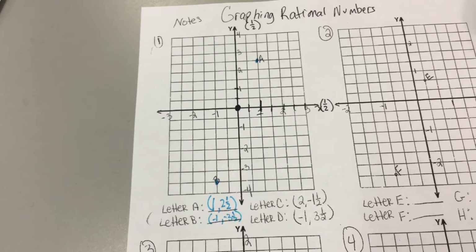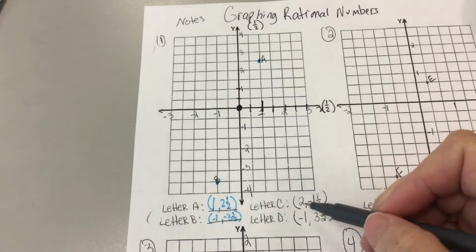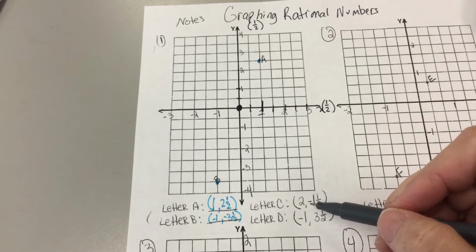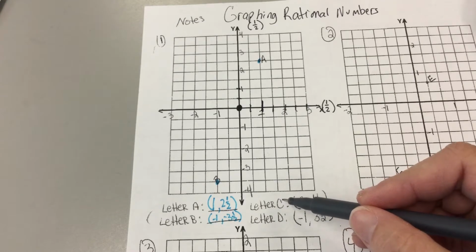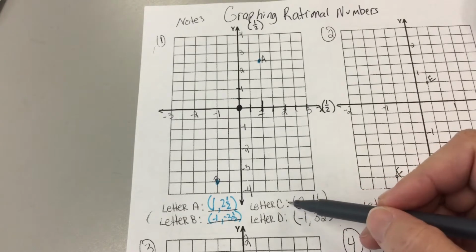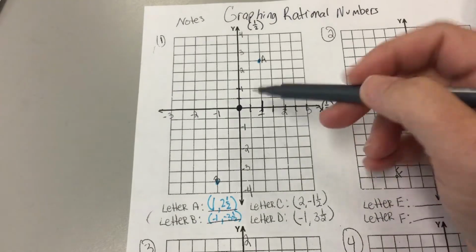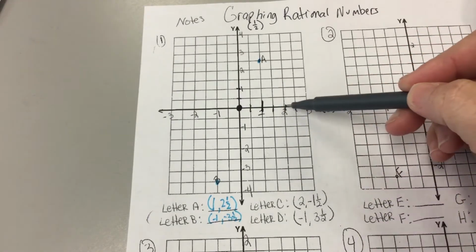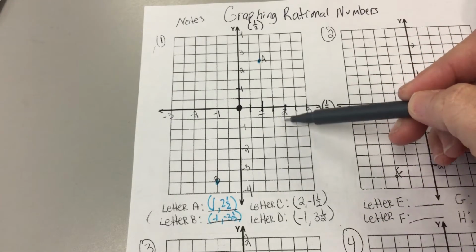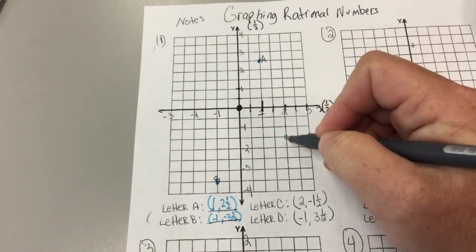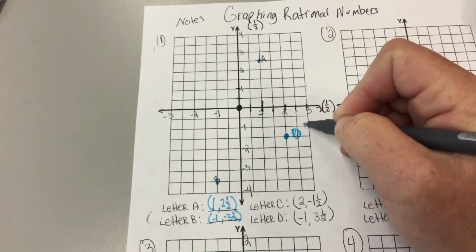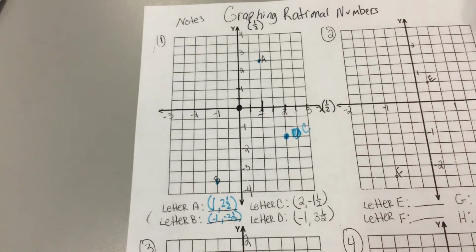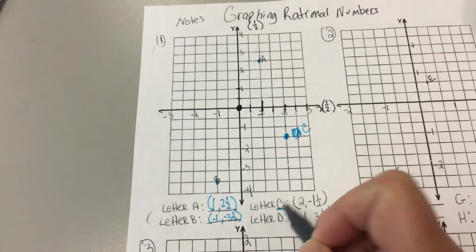And then I'm going to look at C. I'm going to graph C. So I'm just going to go to the right 2 and down 1 1/2. And then I always label it. So for this particular one, it tells me what I'm going to label it.